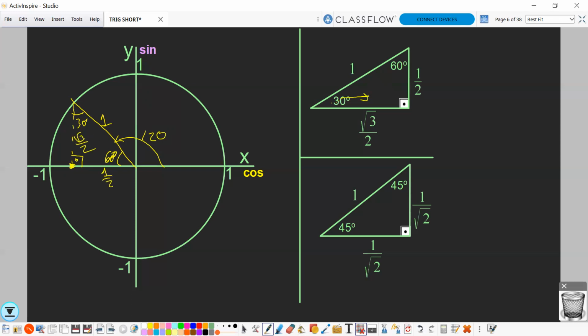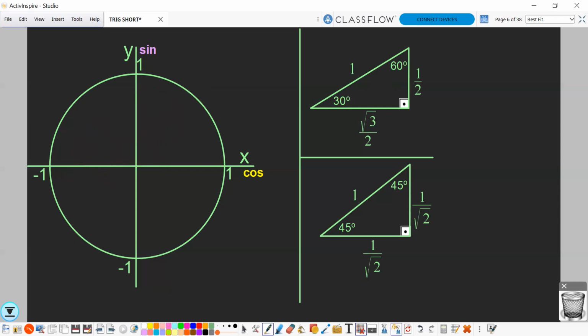Right now, I am trying to find the x number in here. Since it's the negative part, minus 1 over 2 equals cosine 120, and the y number for this point, which is square root 3 over 2, is on the positive side, which is giving us sine 120 degree.